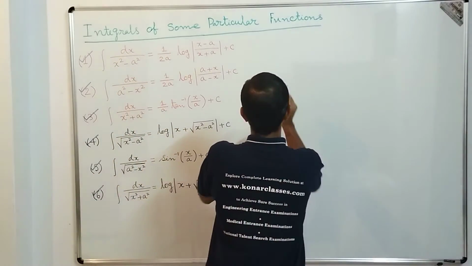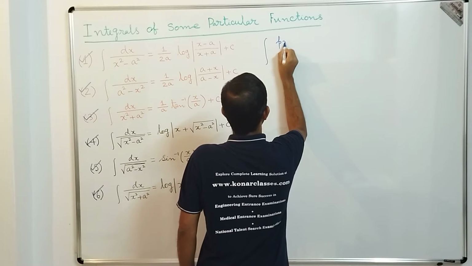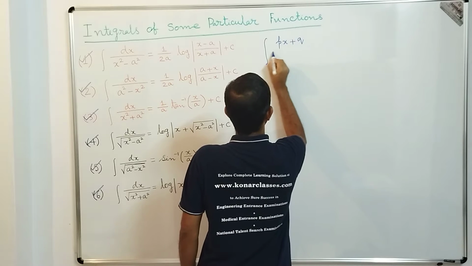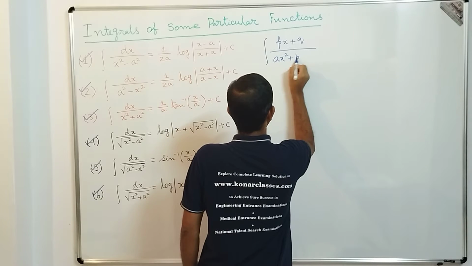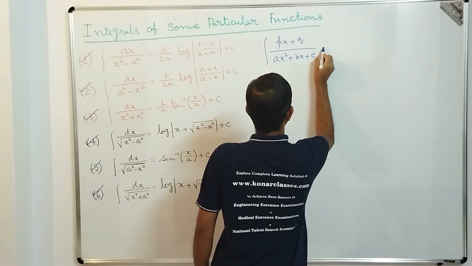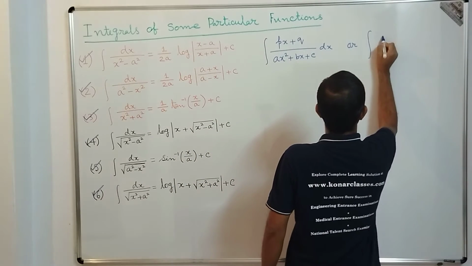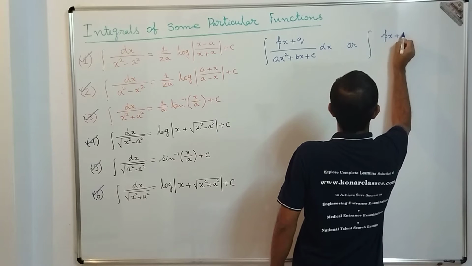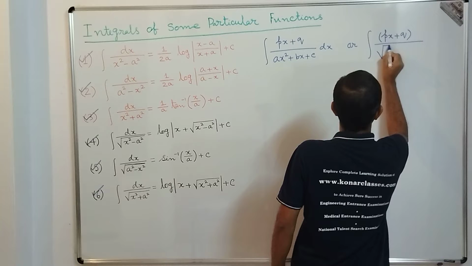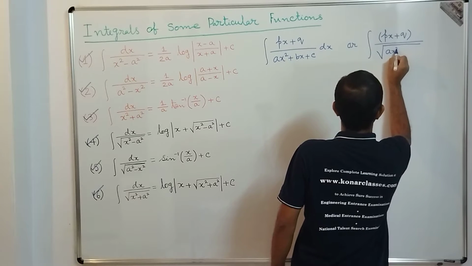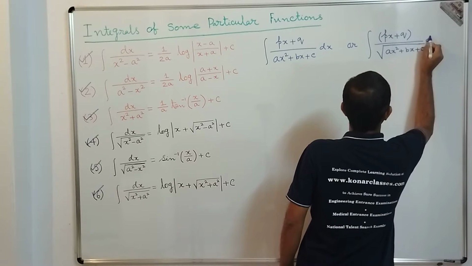Suppose we get an integration of this type of function. It is (px + q) divided by (ax² + bx + c) dx, or it could be the integration of (px + q) divided by the square root of (ax² + bx + c) dx.